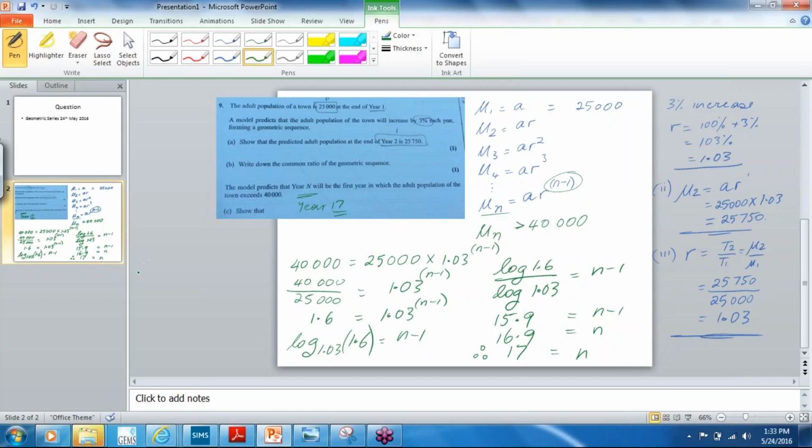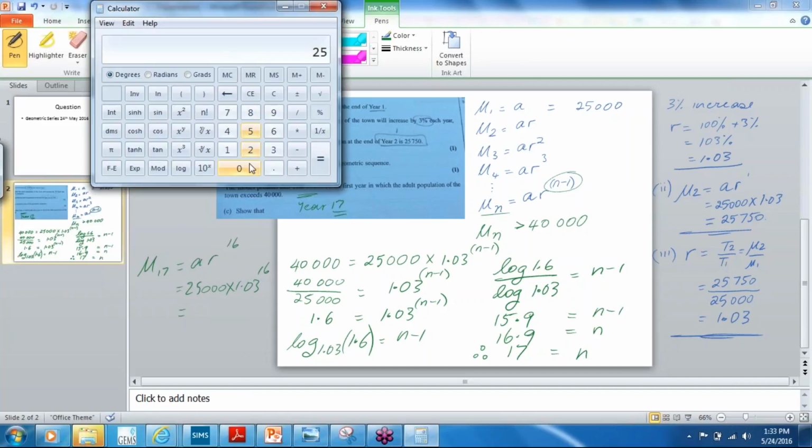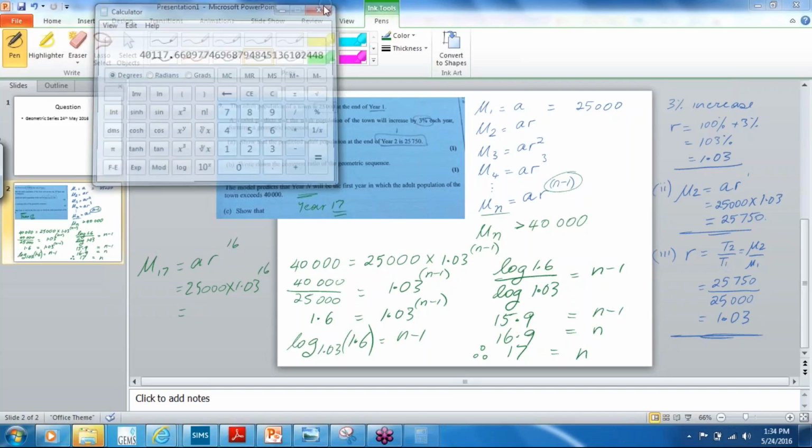You can try it by using the 17th term, AR to the power of 16: 25,000 times 1.03 to the power of n minus 1, which is 16, and we would get 40,117.66.